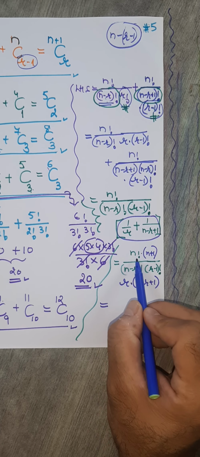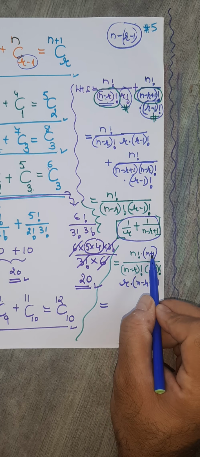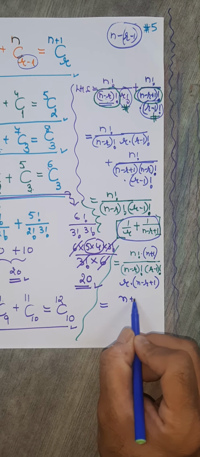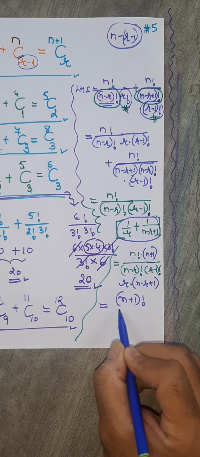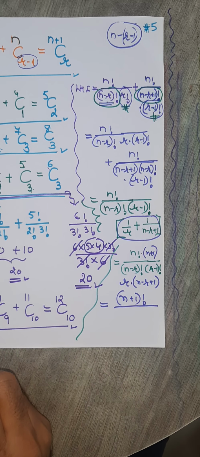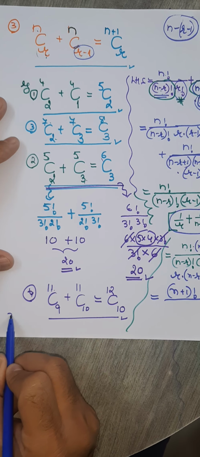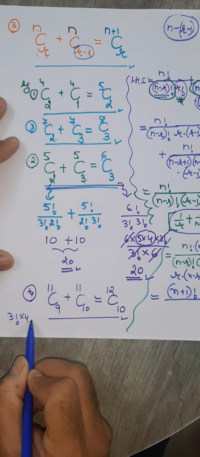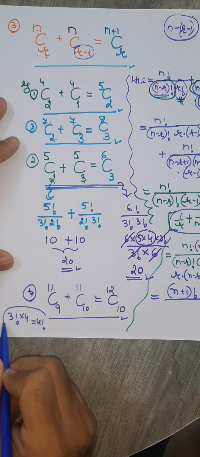So you have this. Now 3 factorial into 4 होता तो आप 4 factorial लिखते हैं, तो यहाँ पे n plus 1 factorial. If I have like this, देखो suppose मेरे पास 3 factorial into 4 है, तो how do I write this 4 factorial.